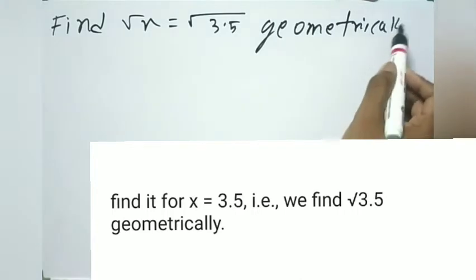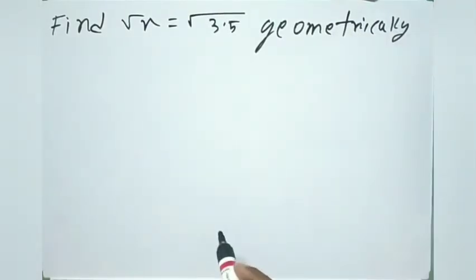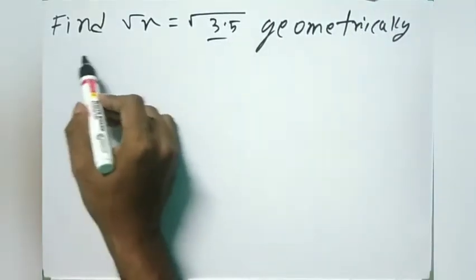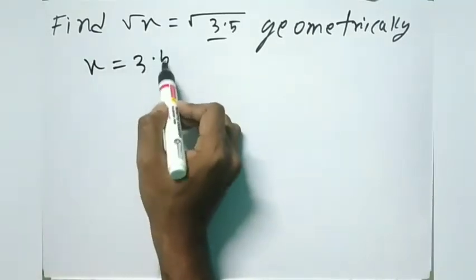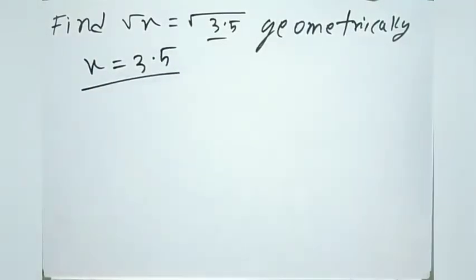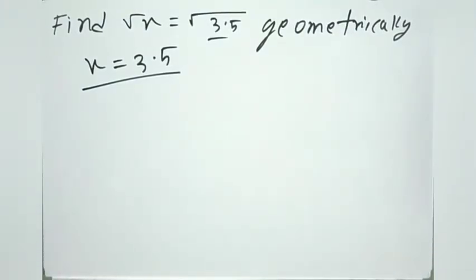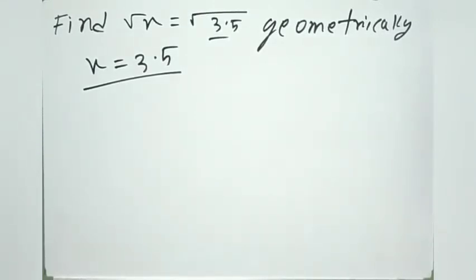So geometrically we have to find out this value, meaning x is equal to 3.5. I am trying to cover the syllabus within a very short time frame, so this is not important right now. Definitely I will discuss it later, but right now I am not discussing this one.